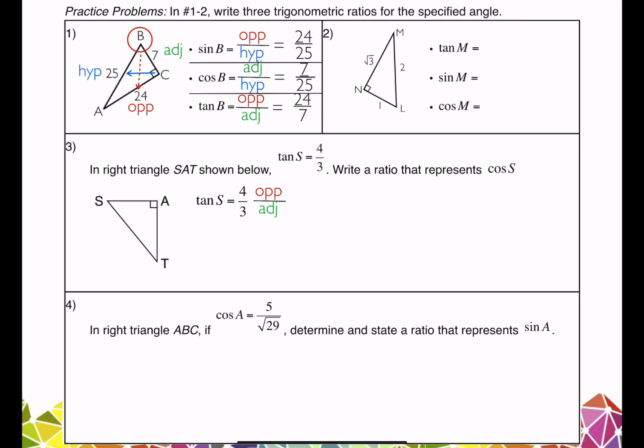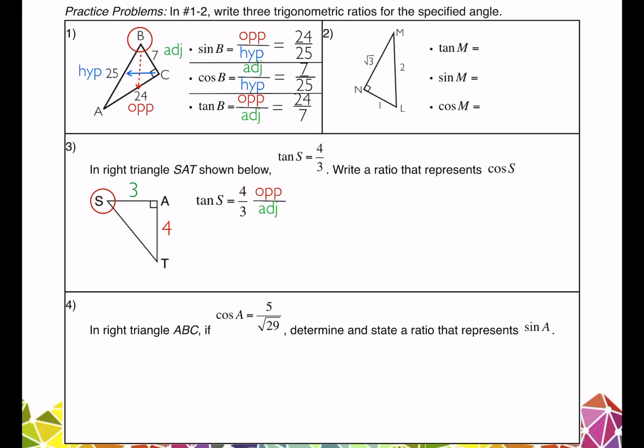And I'm going to remind myself that tangent is the ratio of the opposite side to the adjacent. Now, I know I'm dealing with angle S here, so I'm going to label triangle SAT given that S is my specified angle. Okay, so 4 is the opposite side of S. So 4 is my opposite side.